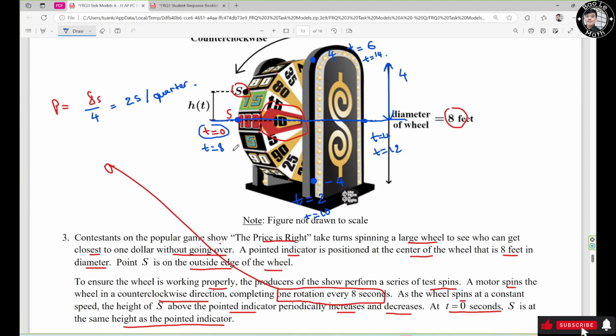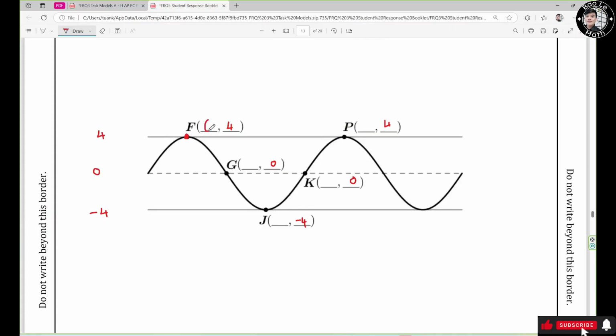So over here, t must be equal to 6, because this is 0, this one is 2, this one is 4, and this one is 6. You need to add 2 each time, since each quarter has 2 seconds. Now you keep adding 2 each time: this is 6, this should be 8, this should be 10, this should be 12, and this should be 14. So we're done with the first one.